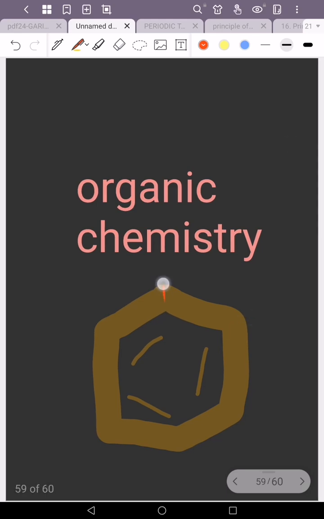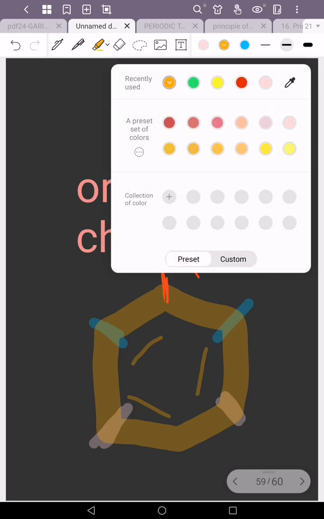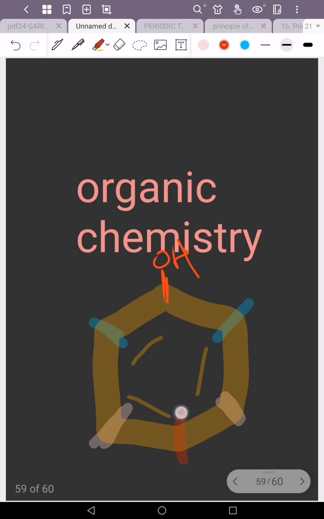This is the part where your group is attached. This part is your ortho, this part is your ortho, this part is your meta and this part is also your meta. And the para position is the part which is opposite to it.